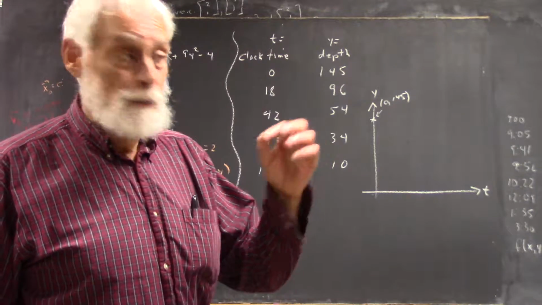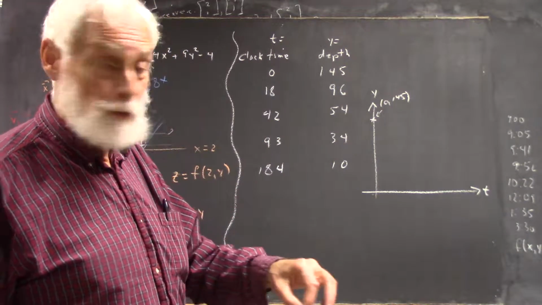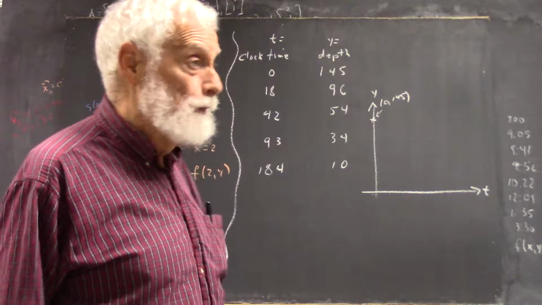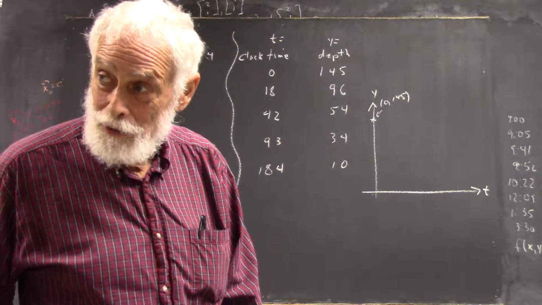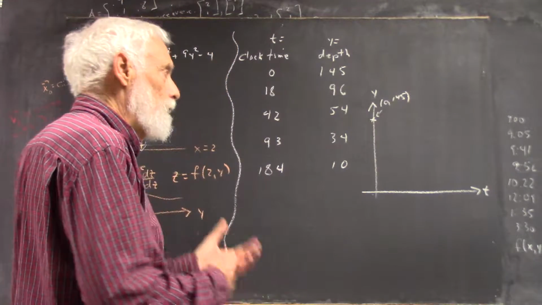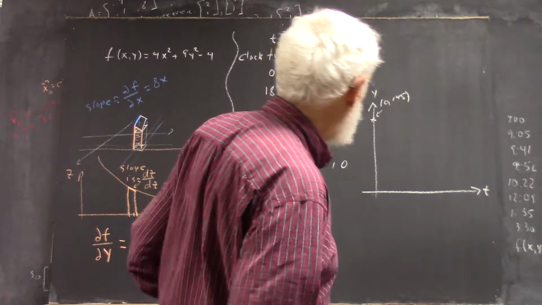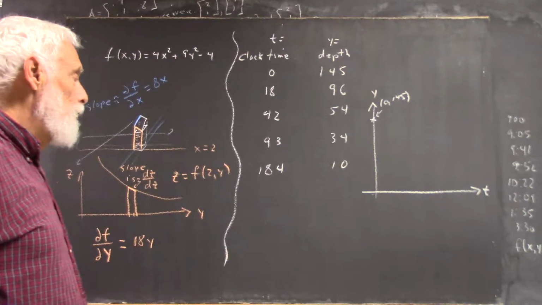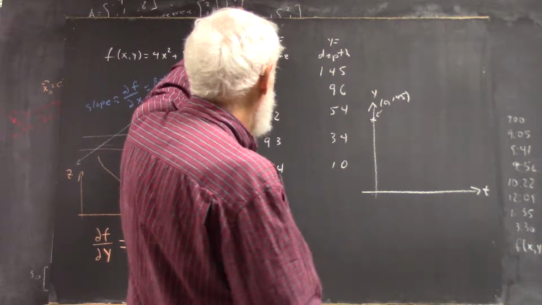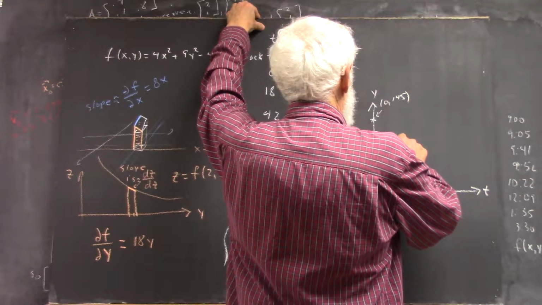So everybody will start at 0 at the first check mark, and the depth will be 145. If you count right, then everybody's going to have exactly the same information. But if you mess up the count, or if you messed up the marking at one point or another, there might be slight differences. Okay, then we have the rest of these points.